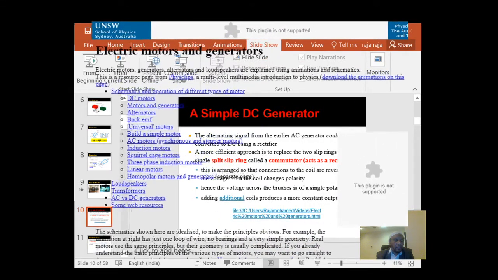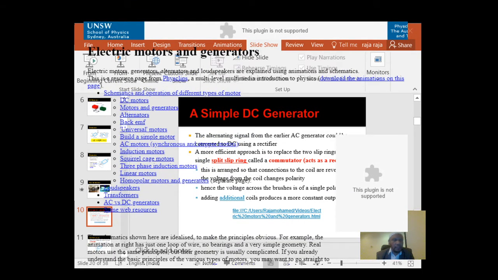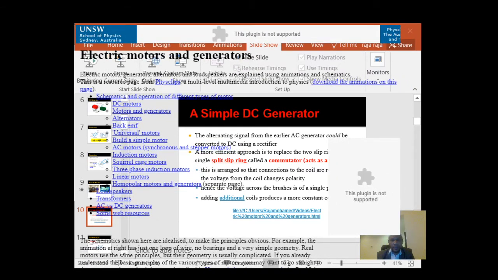It is taken from the University of South Australia, and they made a very nice animation of how this generator works.